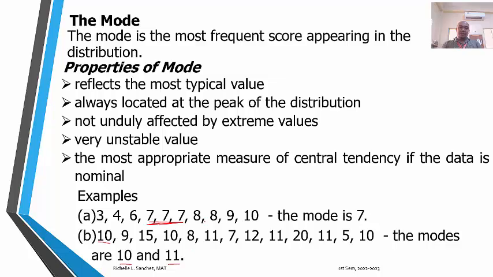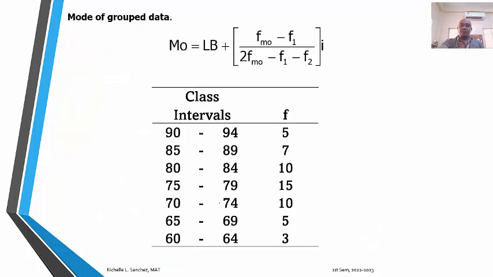These are the modes because they appear multiple times in our distribution. This distribution is called bimodal. It's easy to determine the mode of ungrouped data because it can be determined using inspection.